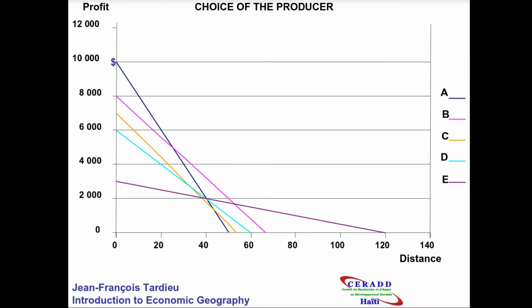If the choice of the producer is guided by profit maximization, he will always choose, for a certain place, the product that is at the highest level on the profit curve. Thus, crop A will be grown between the center of the market and a distance of 25 kilometers from the city.